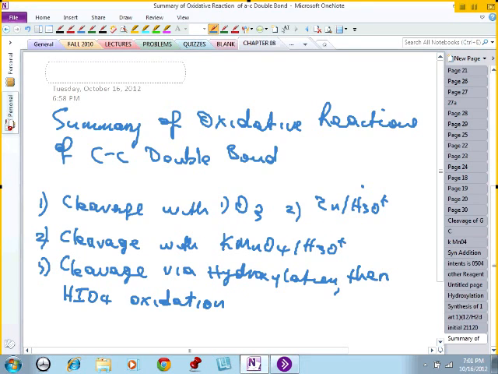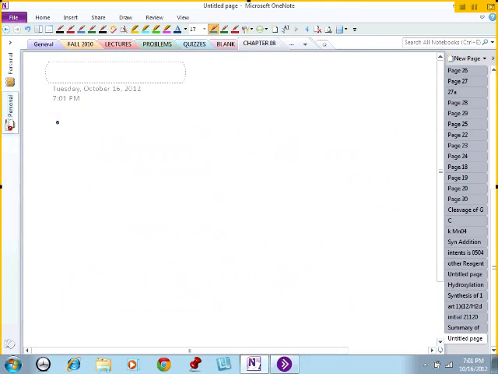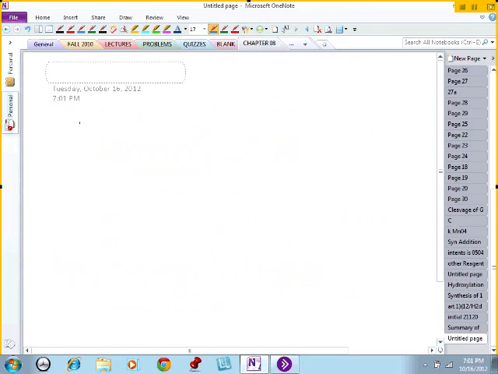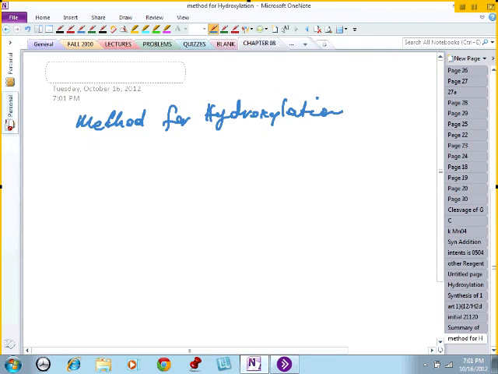Okay, now continue with our summary. Then we also have the methods for hydroxylation. Osmium tetroxide.